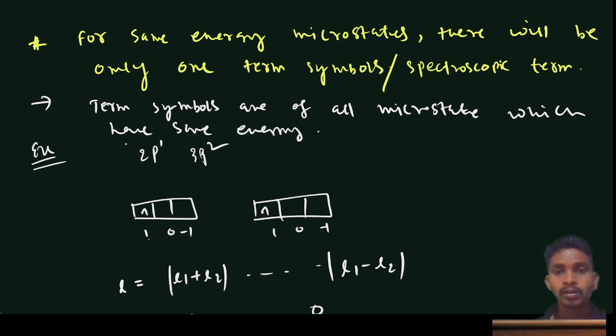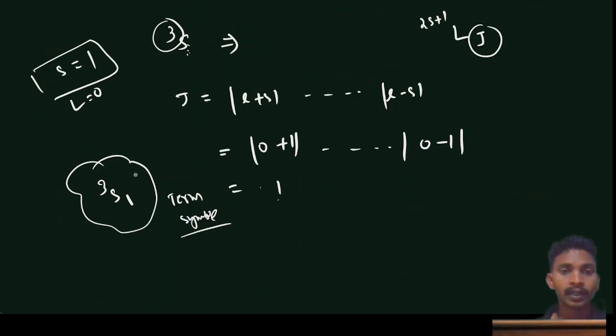Okay, so those are the term symbols. So for 3S, how many same-energy microstates are there? Only 1. That is 3S1.